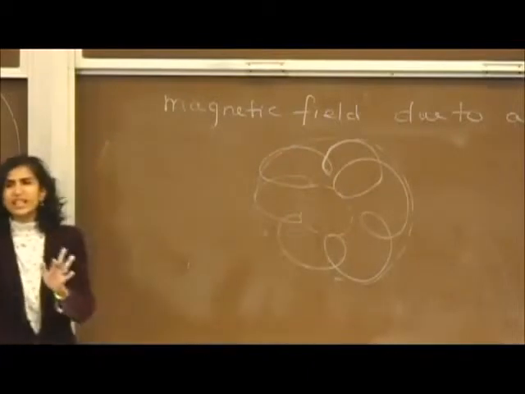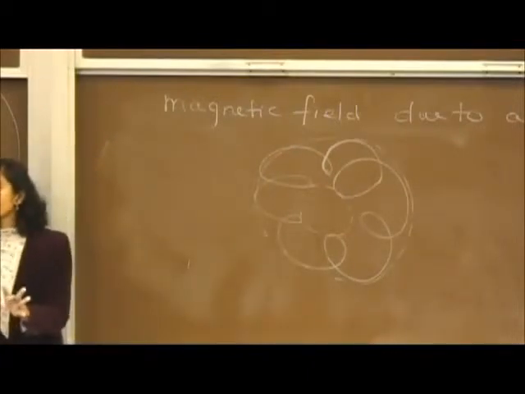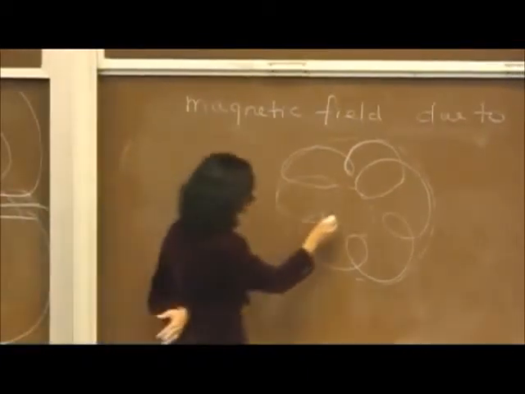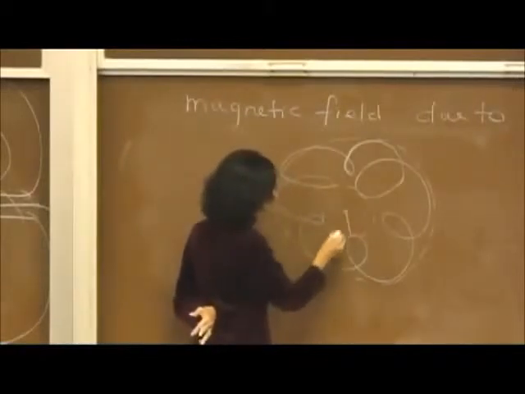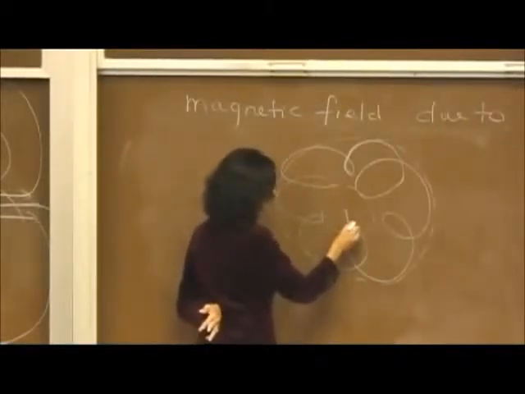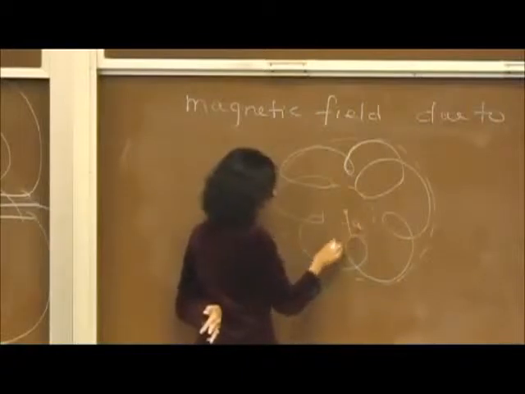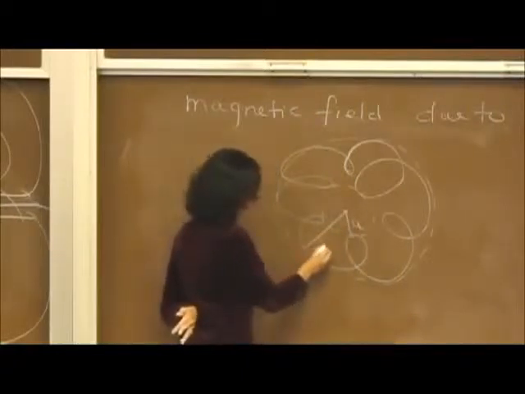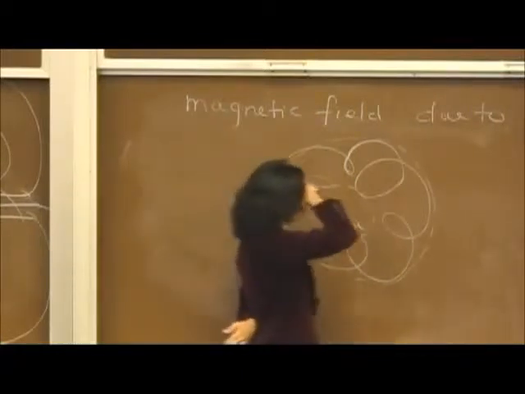Do you see that there are 3 regions here? What are the 3 regions? Let's call this inner radius A. Let's call this outer radius B. And so there are 3 cases here.